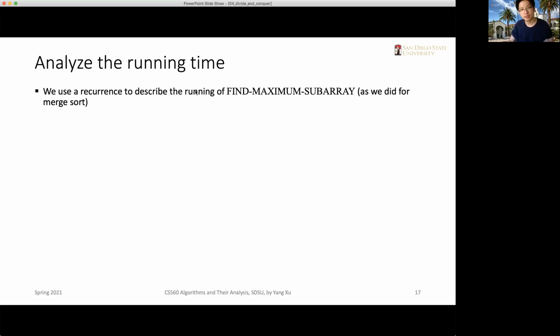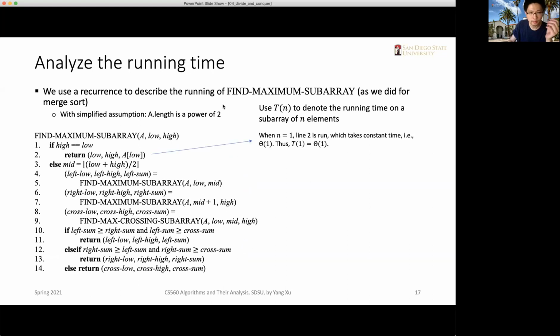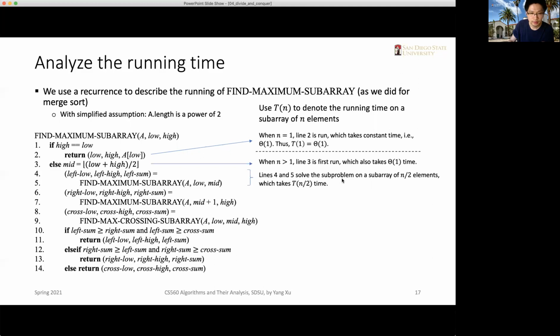We can use a recurrence to describe the running time for finding the maximum subarray. We use the simplified assumption that the input can always be divided by 2. Then we consider the cost for dividing, which is a constant amount of time, and the cost for the recursive part, which is T of n over 2, and we have 2 subproblems.